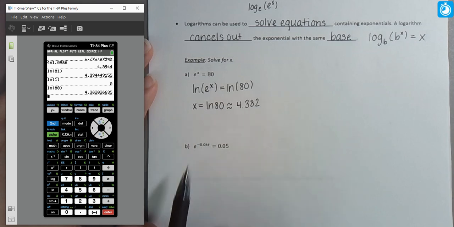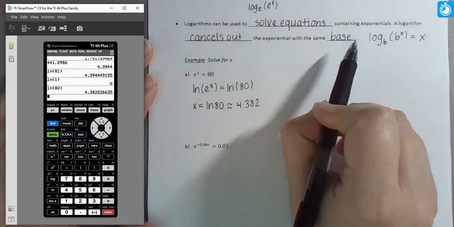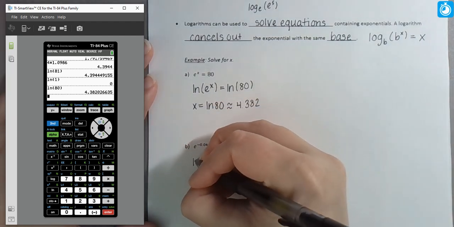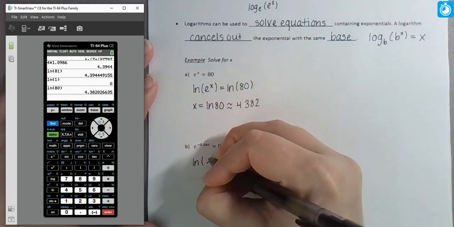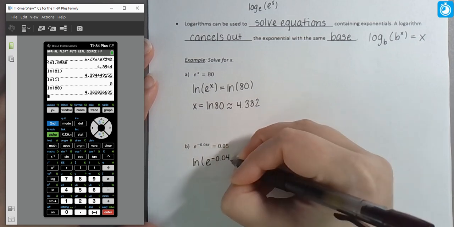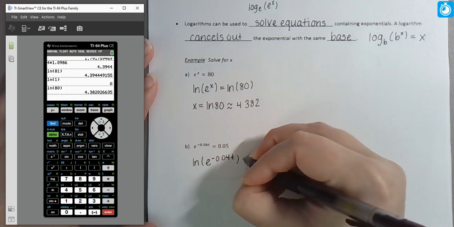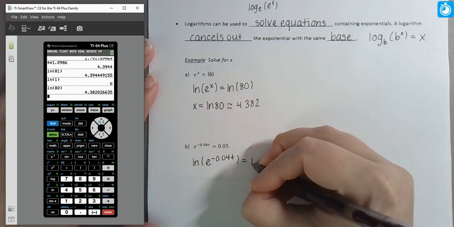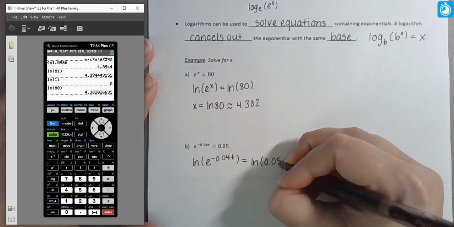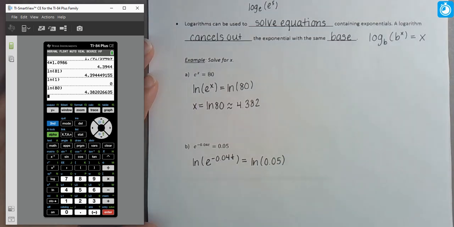If I want to eliminate a base of e, I'm going to use a logarithm base e, or the natural logarithm. So the natural log of e to the negative 0.04t is going to be the same thing as the natural log of 0.05. We do it on both sides to keep things in balance.